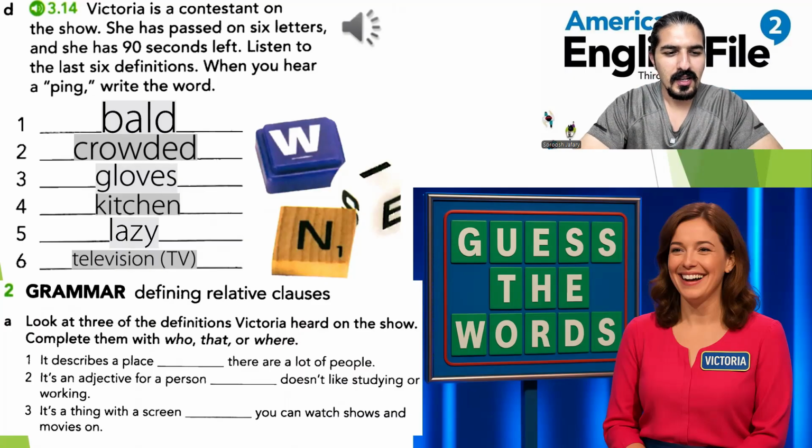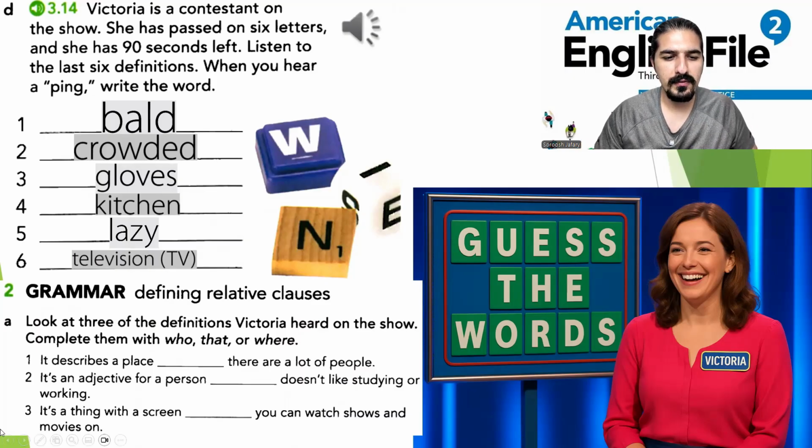Let me tell you. Now, first, look at the 3 definitions Victoria heard on the show, okay? Complete them with who, that, or where. Number 1, it describes a place where there are a lot of people. Number 2, it's an adjective for a person who doesn't like studying or working.